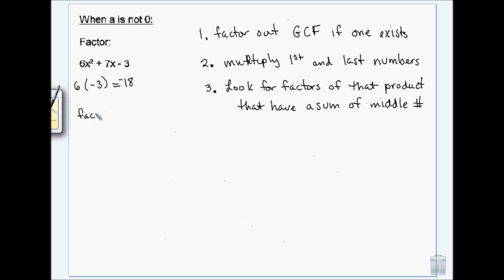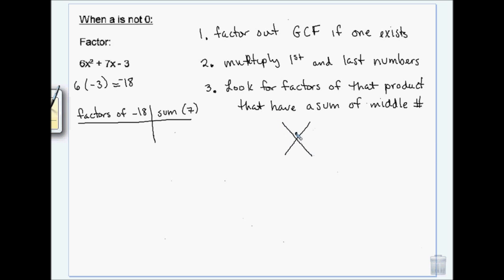All right, so like I said, I'm looking for a sum to be 7. Now, you can either, at this point, use the factor table, or you can go back to the big giant X to find these 2 factors.